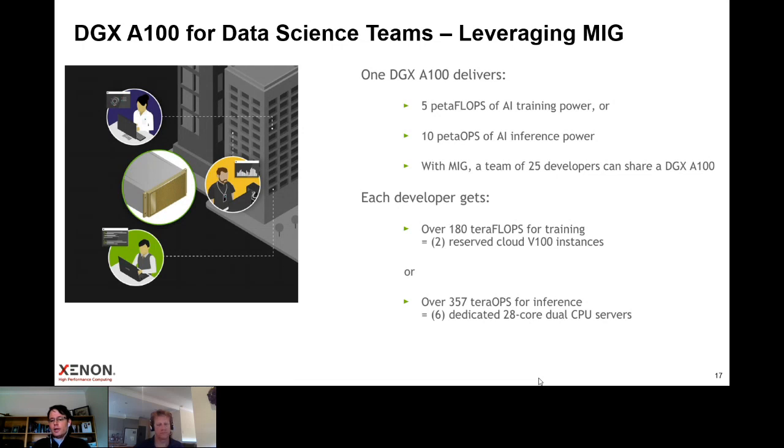Or we can have 357 teraops of inference performance, which compares to 6 dedicated 28-core dual CPU servers. And again, we have 25 developers who can work concurrently on a single DGX A100. That really shows the performance and the capability of this new platform.